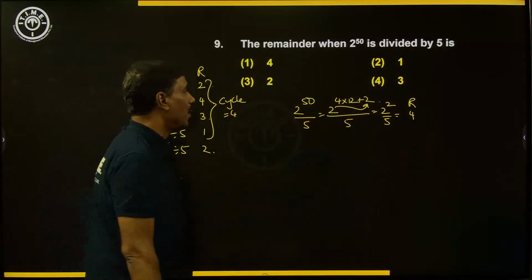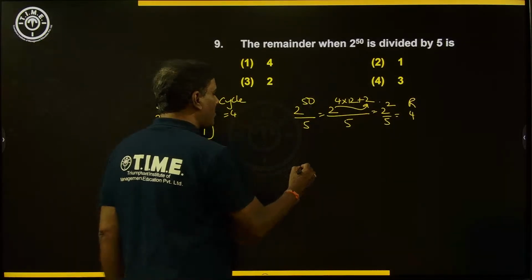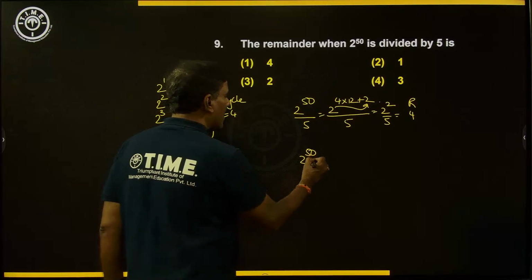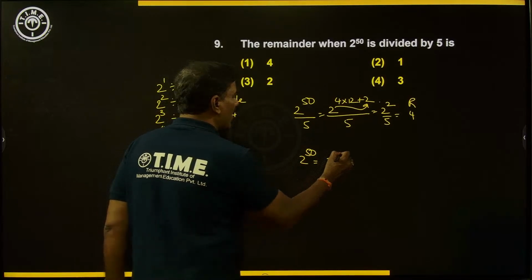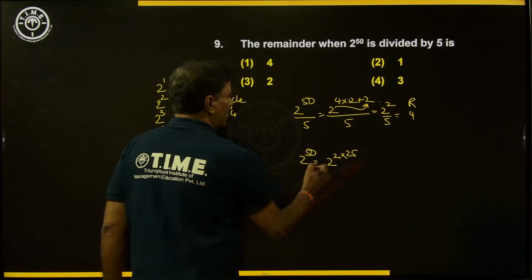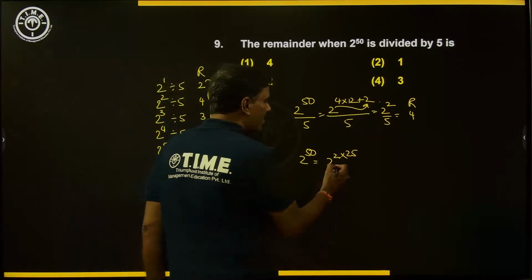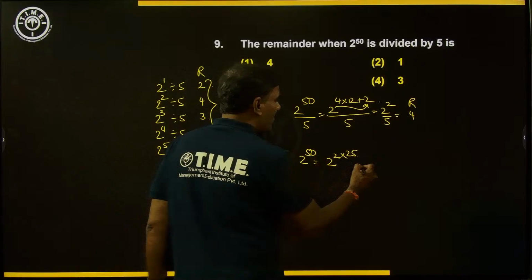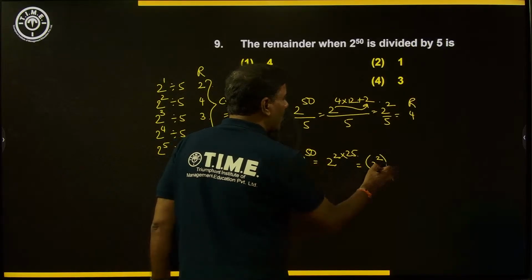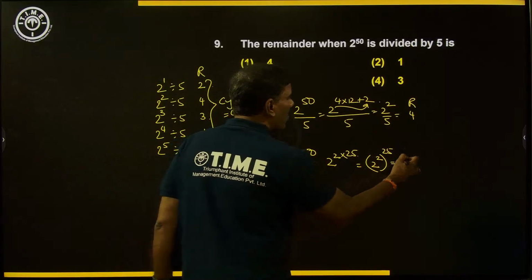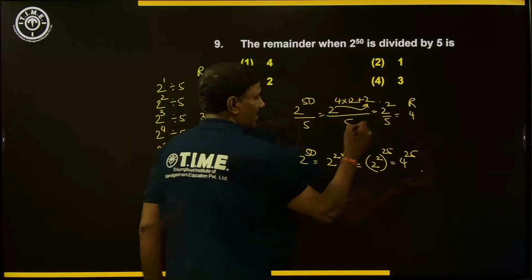But if you observe carefully, the advantage that we have with 2 power 50 is what? We can write 2 power 50 as 2 power 2 into 25. 50 we can write as 2 into 25. So this is in the form of a power m into n, which we can write as a power m whole power n, which is nothing but 4 power 25. Right or not?